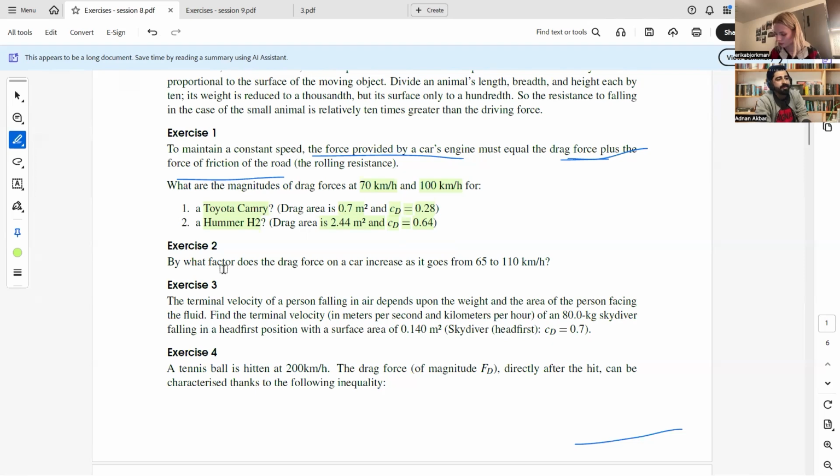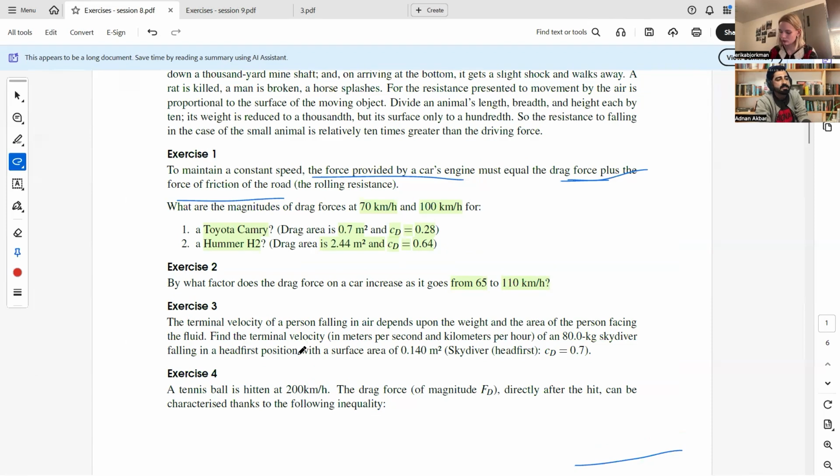By what factor does the drag force on a car increase as it goes from 65 to 110 kilometers per hour? Here two velocities are given and we need to find the factor by which the drag force changes. But before that, we need to rewrite the drag force formula to check which factors the drag force actually depends on.